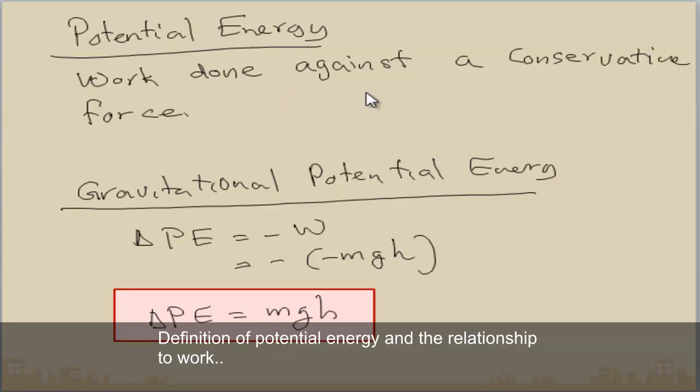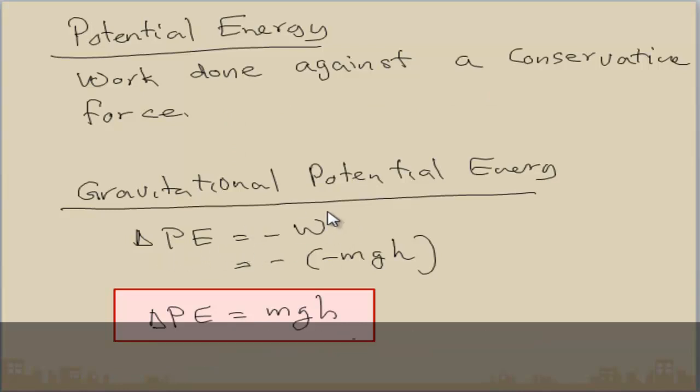Since it's the work done against a conservative force, the change in gravitational potential energy is the negative of work. But we previously found that work is negative mgh. So negative times negative is mgh. So the change in the potential energy is mgh.